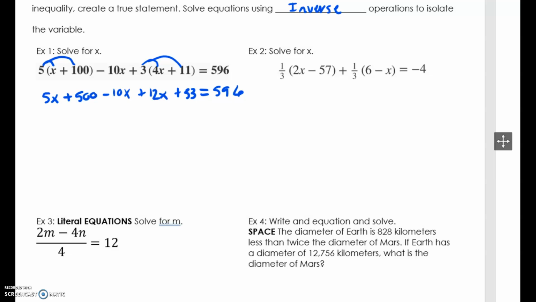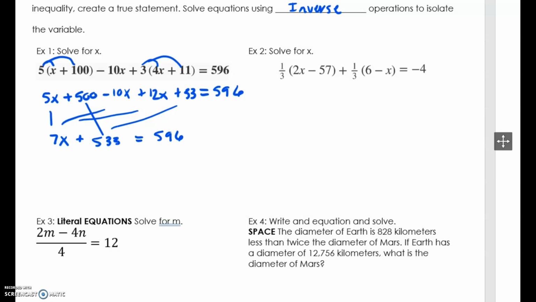I see 3 terms of x's: 5x, negative 10x, and 12x. 5 and 12 make 17. 17 minus 10 is going to give us 7x. And then my constant terms, 500 and 33 put together is going to give me 533. That's a positive number, and that's still equal to 596.